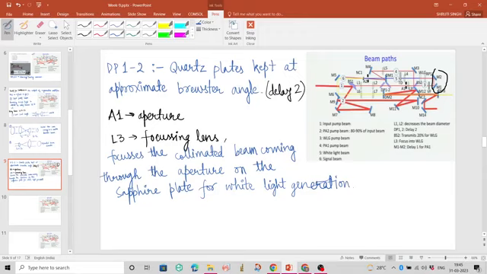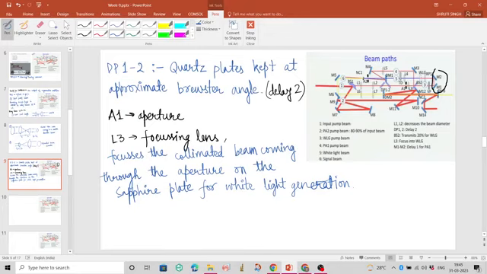Right, so here we reached up to here that L3 is the focusing lens which focuses the incoming beam from the aperture onto this sapphire plate here, from where we get the white light.